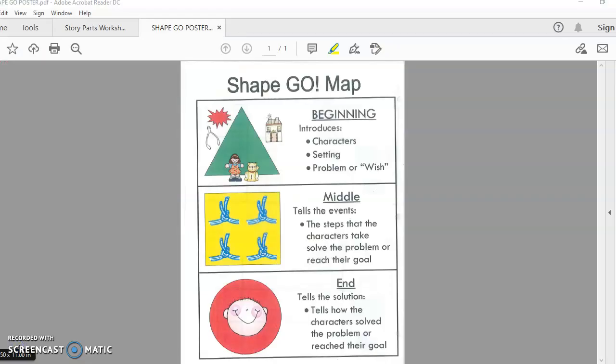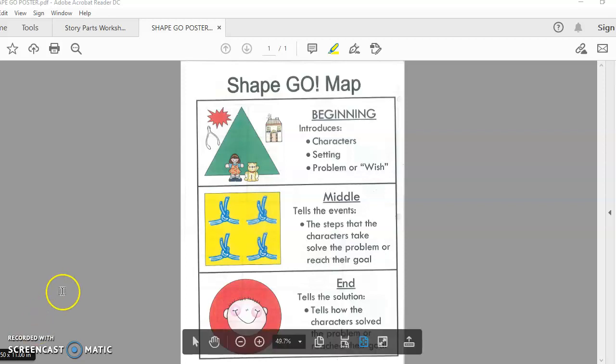So now I've gone back to my shape organizer to see if I can retell the story using my beginning, middle, and end parts. So let's think back to the green grasshopper. And in the beginning, we should have been able to tell who the characters are, the setting, and the problem.